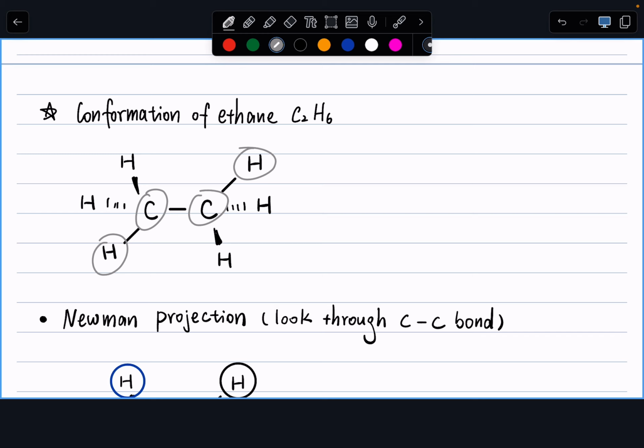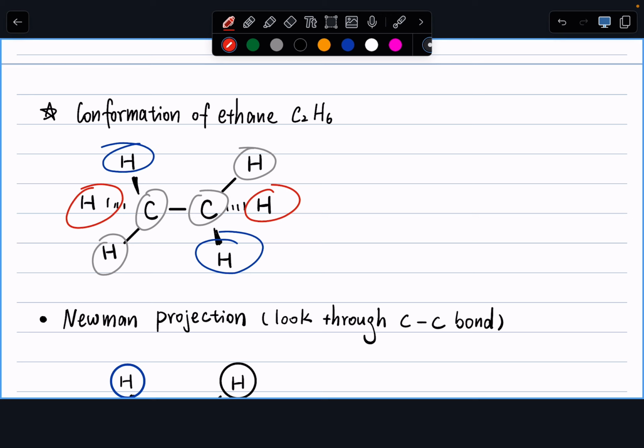Then we have two blue hydrogens pointing out towards you. In this drawing, these two blue hydrogens will be the ones that wedge out. At the same time, you'll have two red hydrogens that dash in. So that's a normal wedge and dash drawing of my ethane molecule.